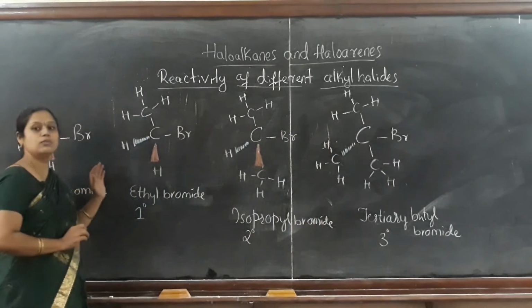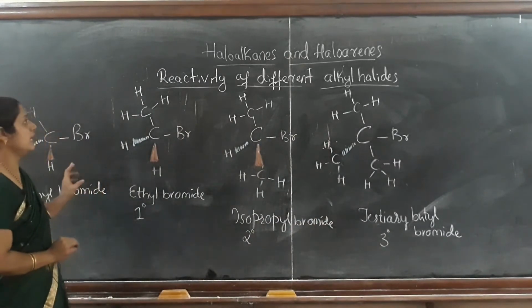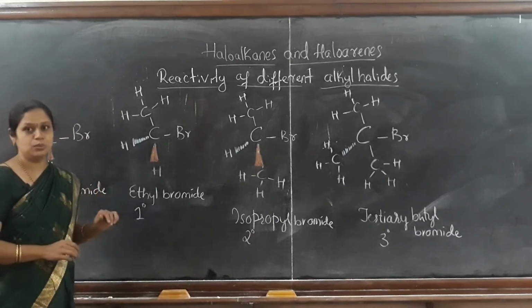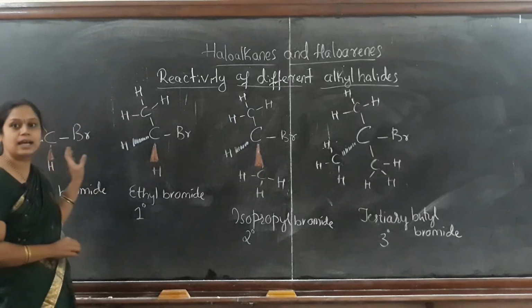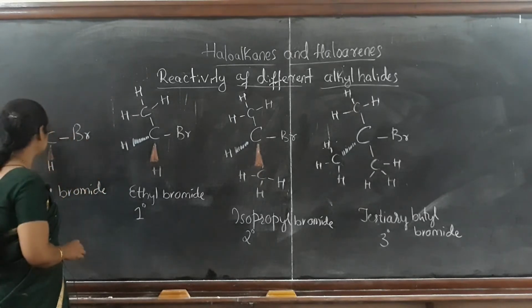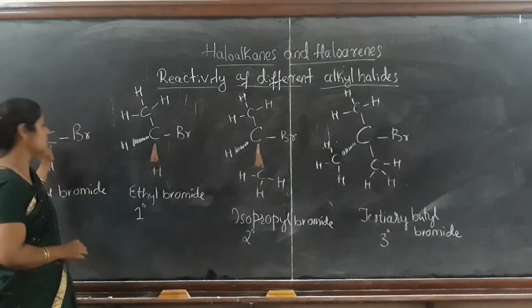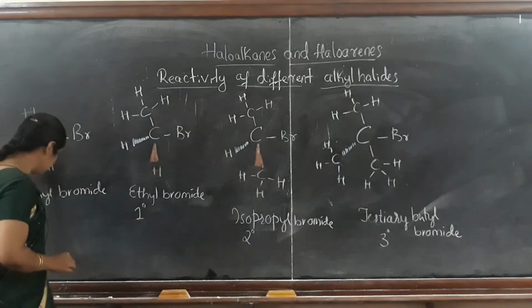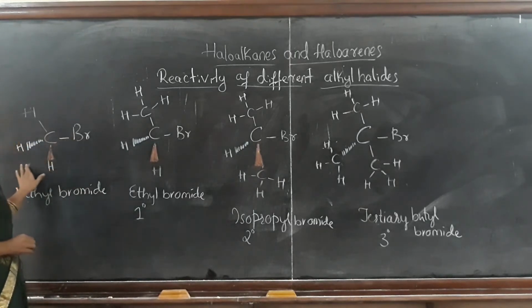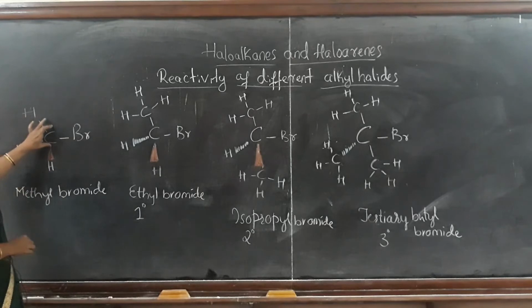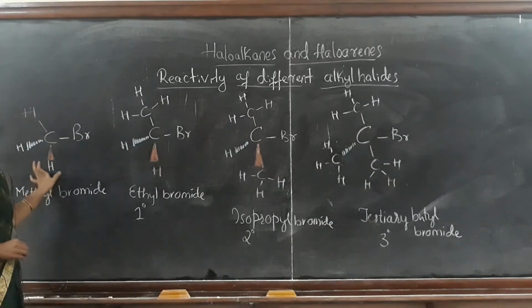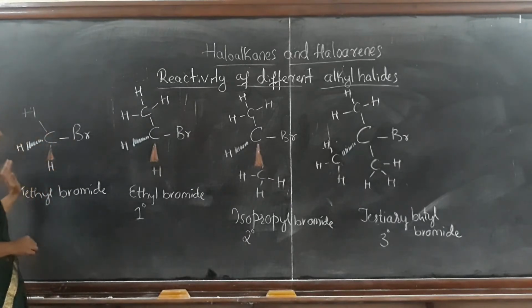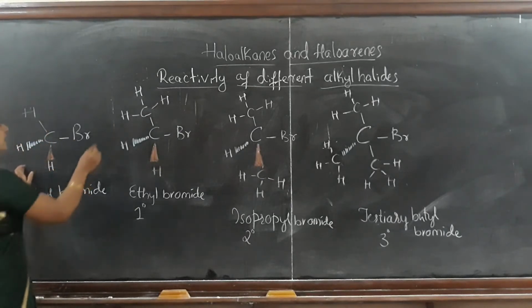The order of reactivity of alkyl halides towards the SN2 mechanism depends on how easily a nucleophile approaches the carbon. If you see methyl bromide, three simple hydrogen atoms are attached to the carbon, hence the reactivity of methyl bromide is higher.